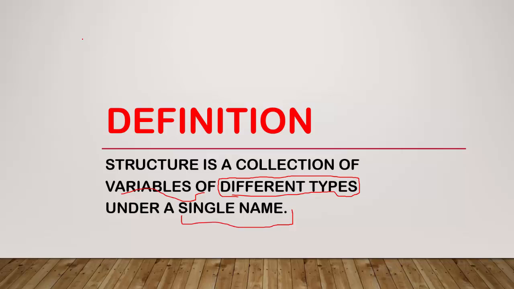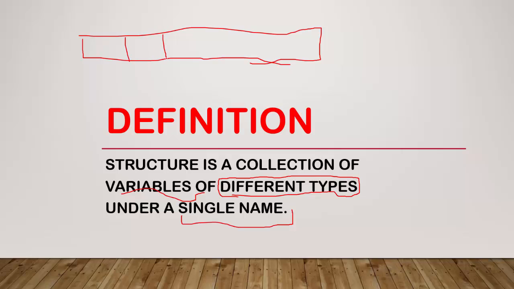It is the same as what we have seen in the array. The array is also a collection of different variables or variable values, but all of them will be of the same data type. For example, if you say int array, here we'll have some values which can be 1, 3, 4, 52, or something else, but all of these will be of the same data type.